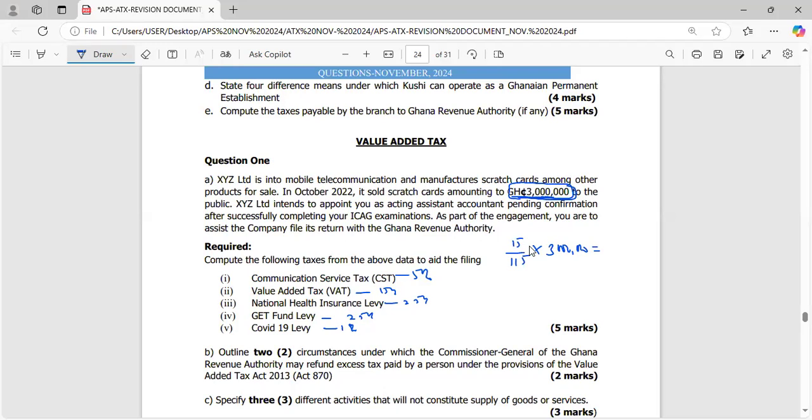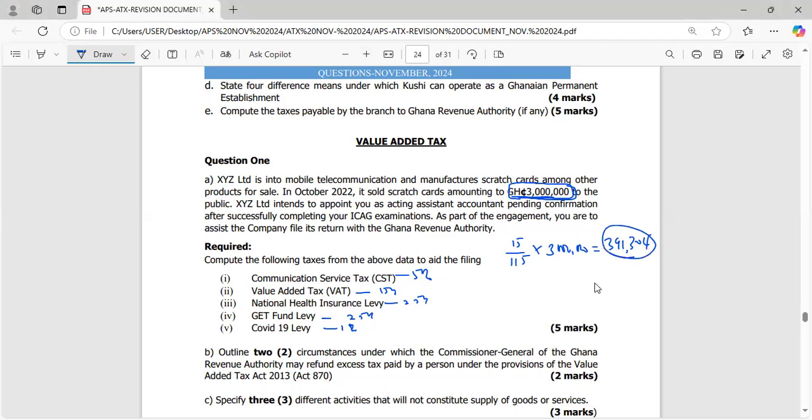So the VAT will be 15 divided by 115, multiplying the 3 million. 391,304, to the nearest whole number. So that's the VAT amount. This is the VAT component, 391,304.